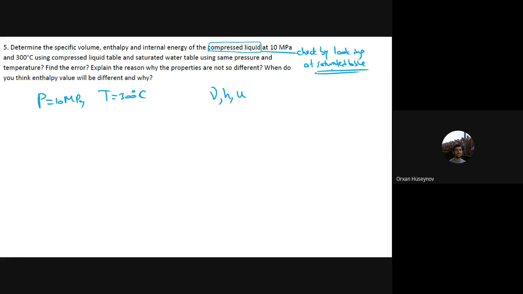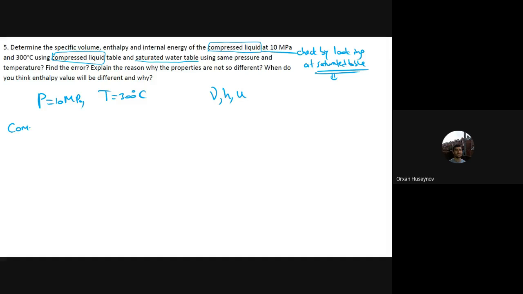It is the first step. You look at it and then determine the region, if it is compressed or superheated. The question says to find the value of v, h, and u with these given values. Then use a different method, which says to use the saturated water table instead of the original table, which is the compressed liquid table. But now let's find it and then do the next step.